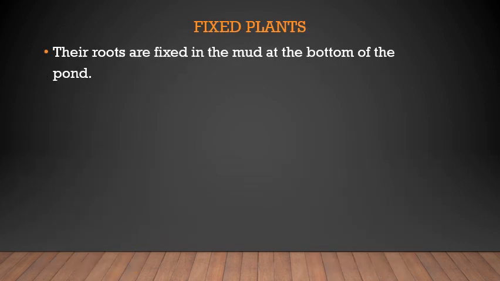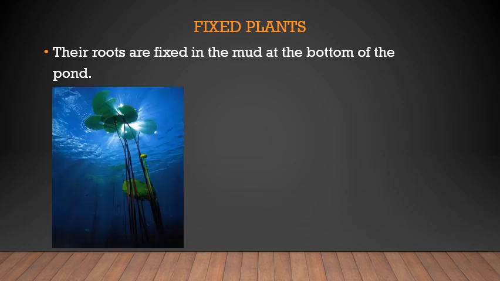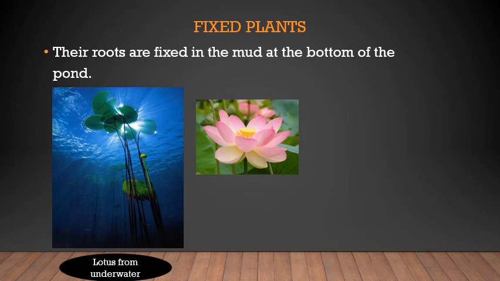Next is fixed plants. Their roots are fixed in the mud at the bottom of the pond. This picture that I have shown you is the lotus plant from underwater. On the top it looks like the lotus and the leaves, and from the bottom it looks like your first picture.